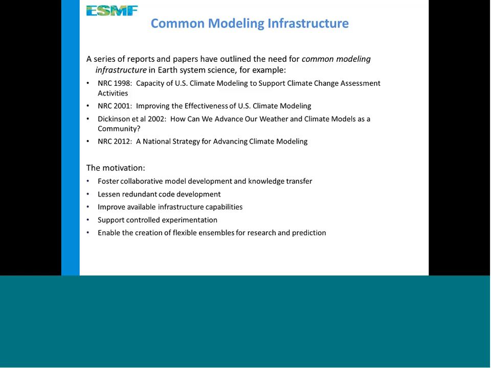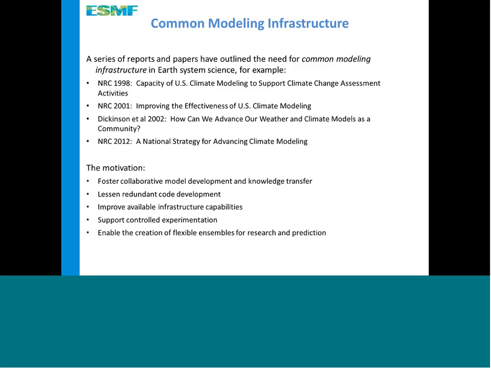There's motivation to improve the available infrastructure capabilities by pooling both resources and expertise. And I think that was part of the original vision for common infrastructure, too, where people thought that by working together, they might be able to address problems that one lab couldn't do on their own. And Balaji, I think, very capably addressed the issues related to controlled experimentation and the creation of flexible ensembles for research and prediction.